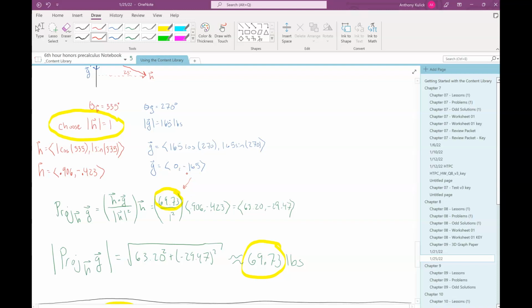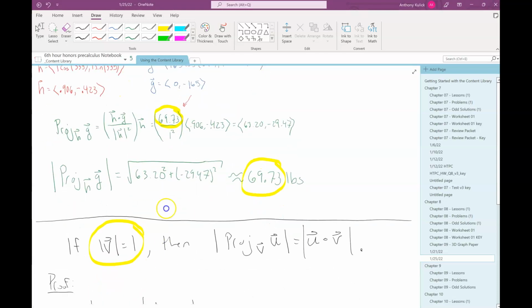And that's all we need. Now, is it always going to be this way? No. I went and did it the long way and made the observation for a reason. Let's do another example.